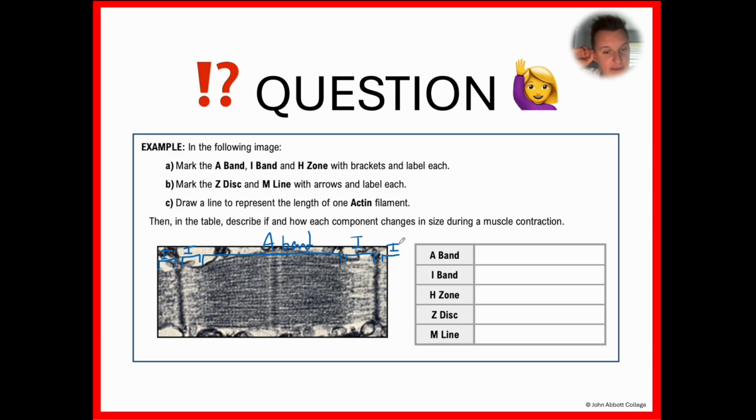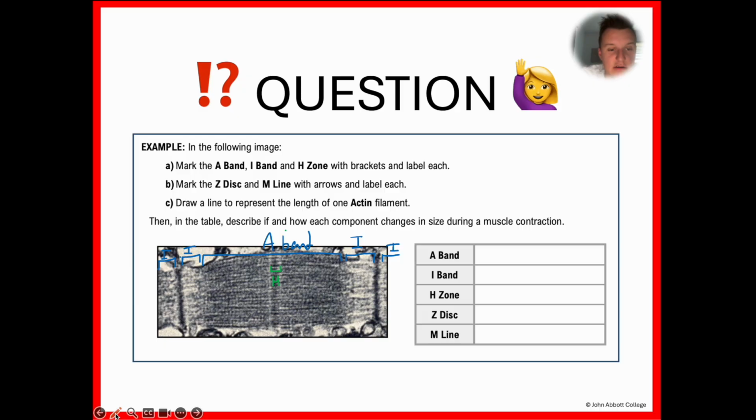And then the other thing that we need to do is look at the H zone. So the H zone is this area here, the H band, right? This is where you find only the myosin. So this over here would be the zone of overlap up until the H zone.